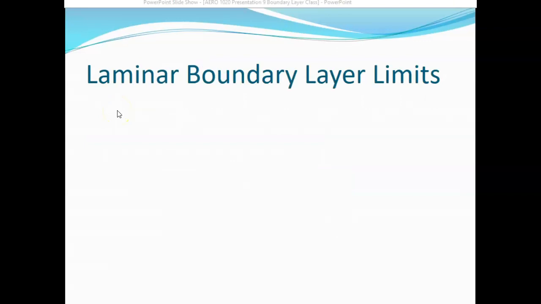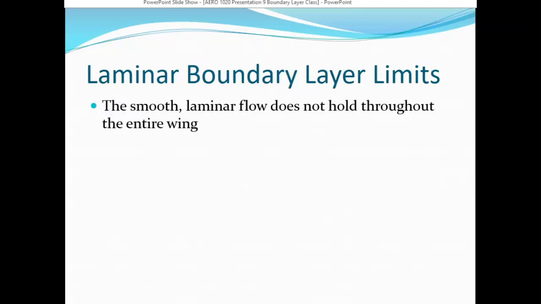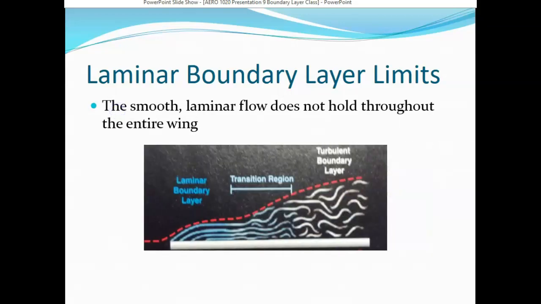It's important to note that there are limits to the laminar boundary layer. The smooth laminar flow doesn't hold throughout the entire wing. In other words, the laminar flow starts to transition to a turbulent flow at some point between the leading edge and the trailing edge of the wing.